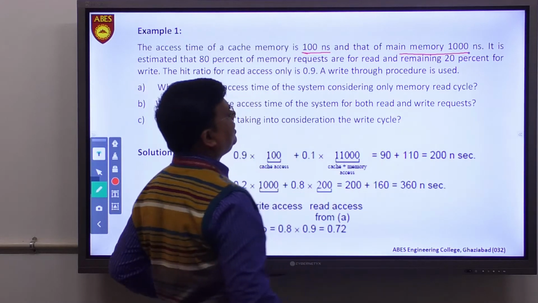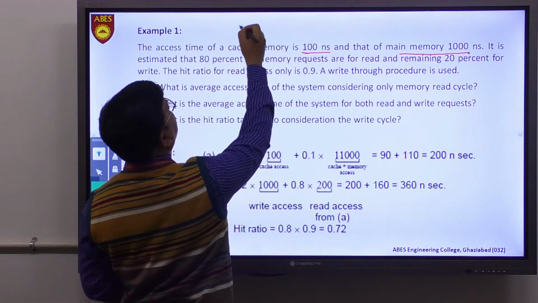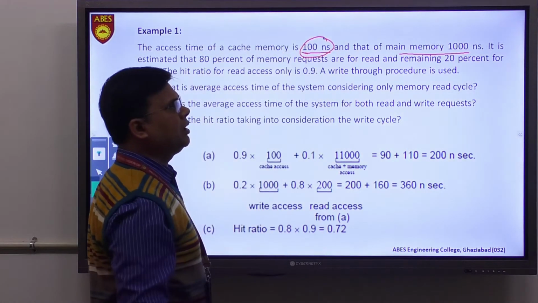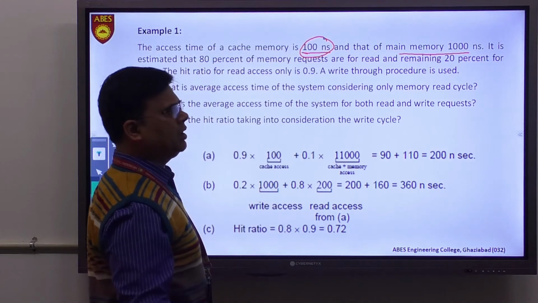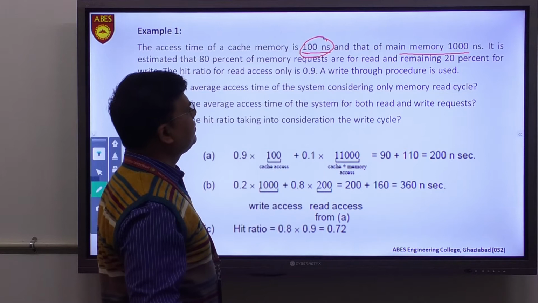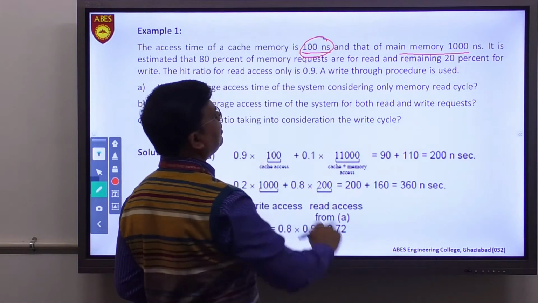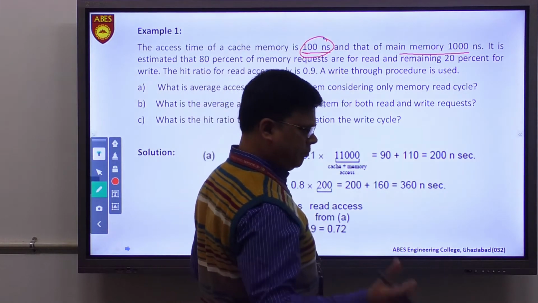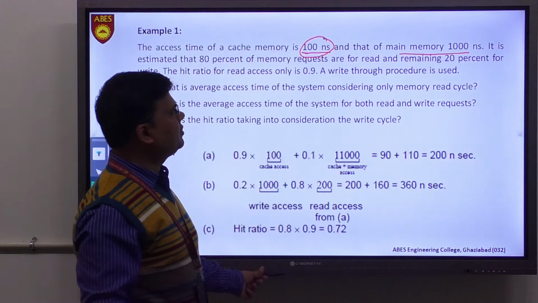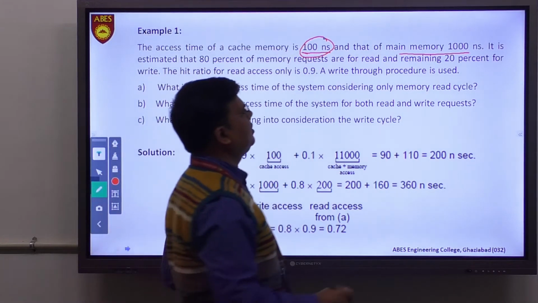So what will happen? The access from cache memory will take 100 nanosecond, but if a miss occurs, in that case the access will be from the main memory. The access from main memory will take the 100 nanosecond of the miss operation on the cache as well as the 1000 nanosecond of the access time of main memory.